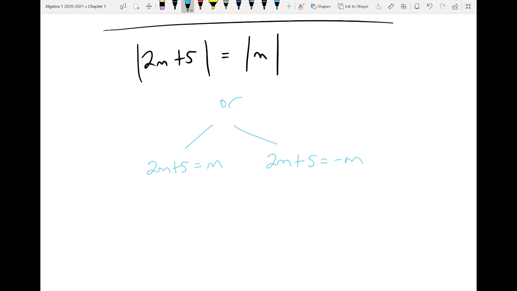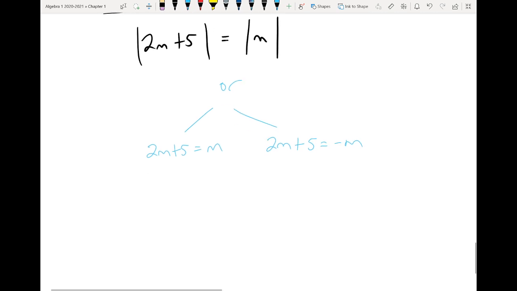Make sure that you just make one side of it negative and just disregard the absolute value, and it will work from there. So we solve minus m. This is going to be quick, right? m plus 5 is equal to 0, so m is equal to negative 5 once I subtract my 5's, right?